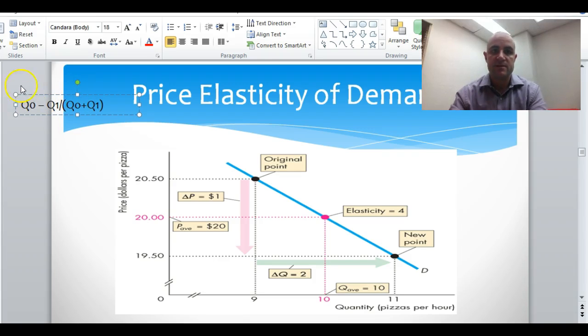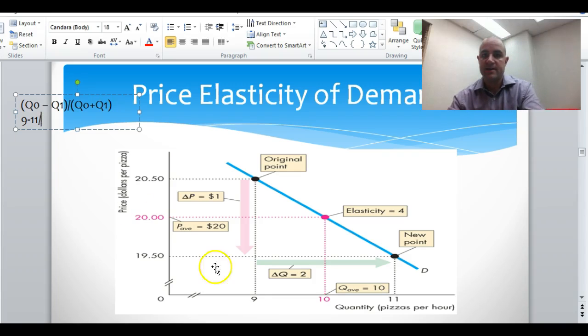So we have these here and here. And so Q0 minus Q1, we have 9 minus 11, divided by 9 plus 11. Now, again, this is a little bit off because they didn't get rid of the halves in there, but it's okay.